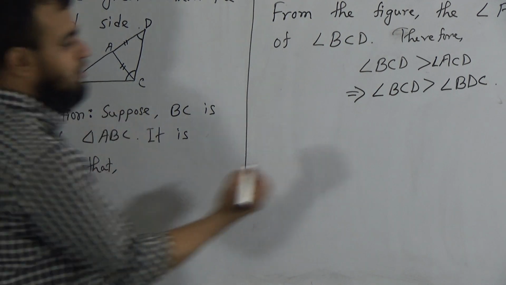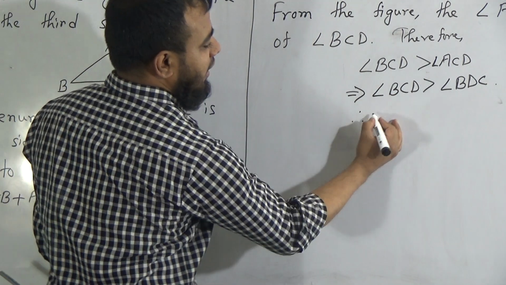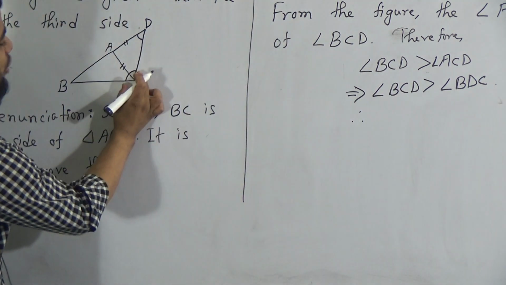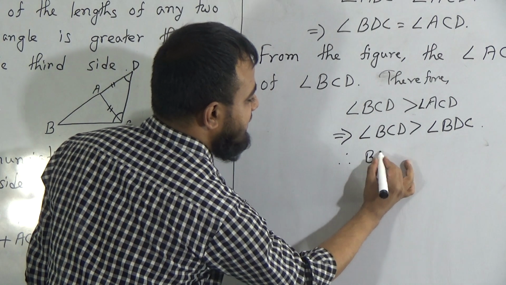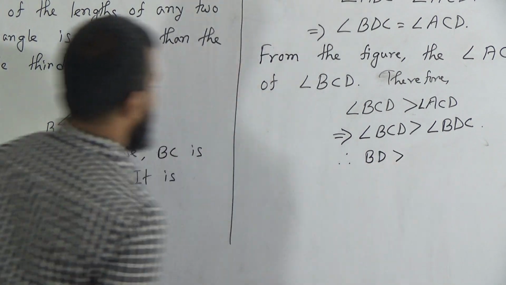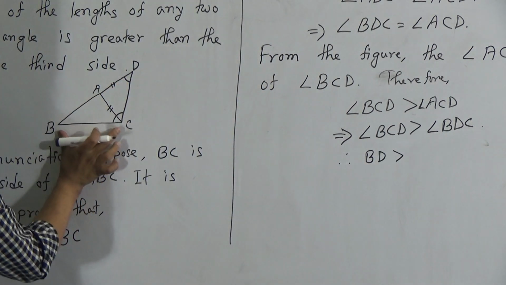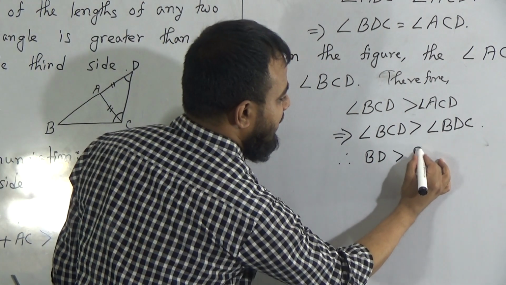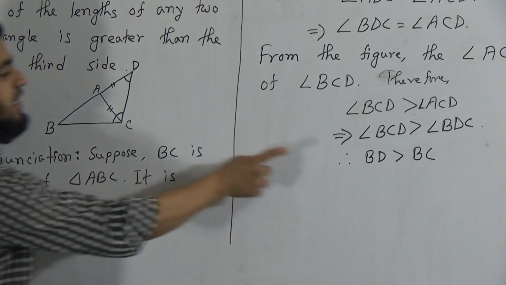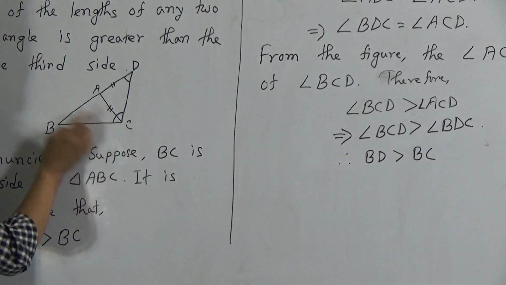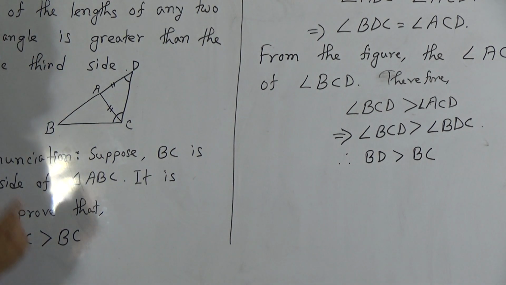So we can write down, therefore, the opposite side of this angle is BD. So BD is greater than the opposite side of this angle, which is BC. So we can write down BD is greater than BC, because the opposite side of the greatest angle is greater.